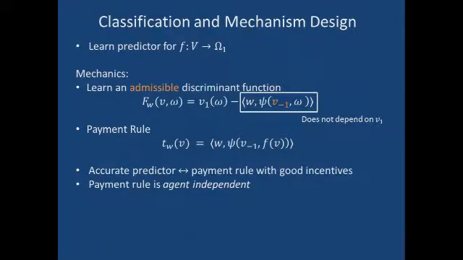And the claim that we want to make is that if you learn a classifier of this form and it's an accurate predictor of the outcome rule F, then this payment rule that we back out will be a payment rule that has good incentive properties.